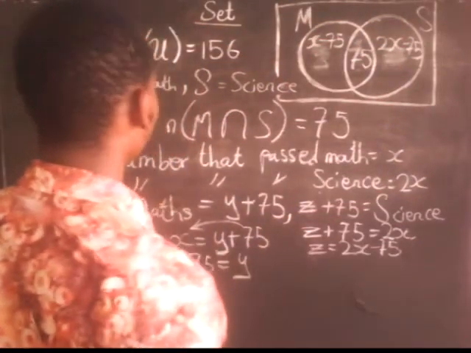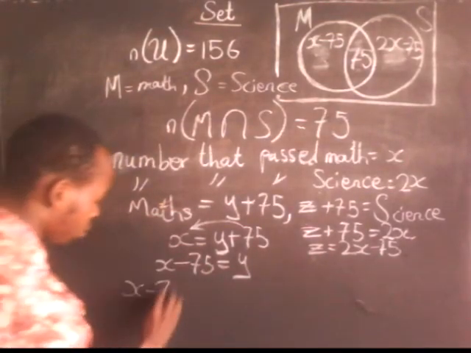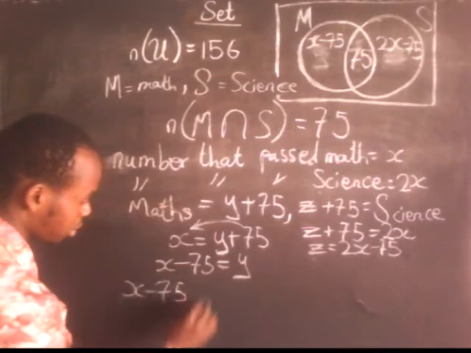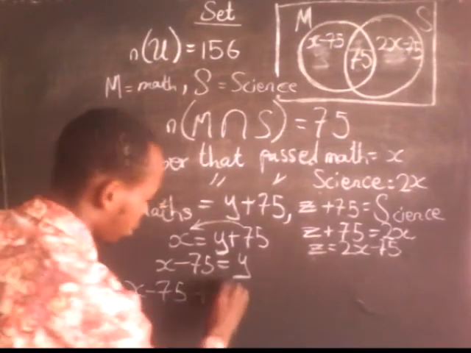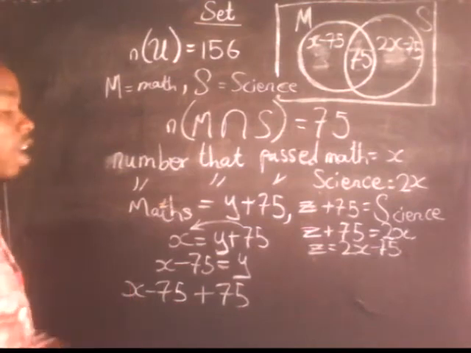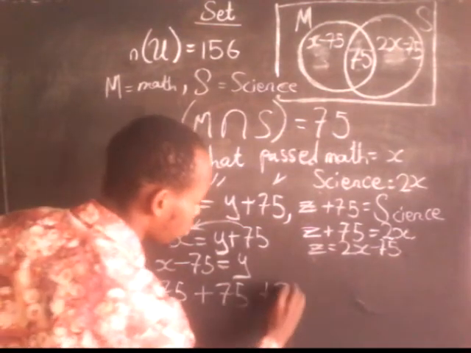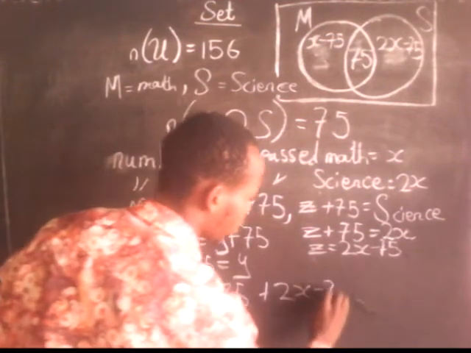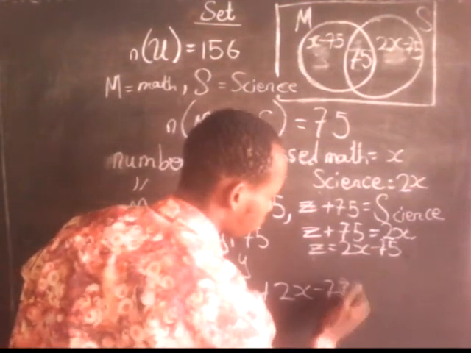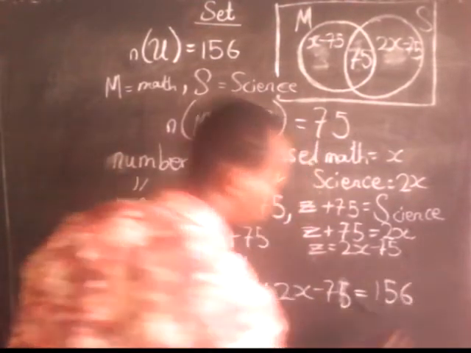Alright, so I can now say that the total of x minus 75 plus 75 plus 2x minus 75 will be equal to 156.